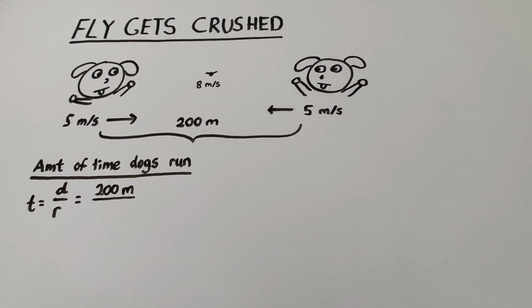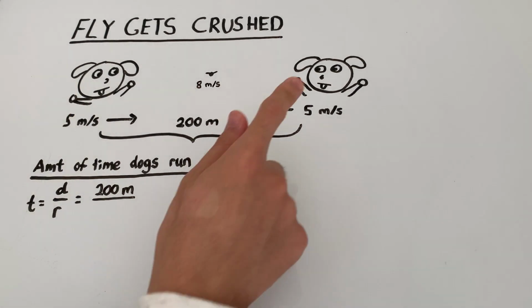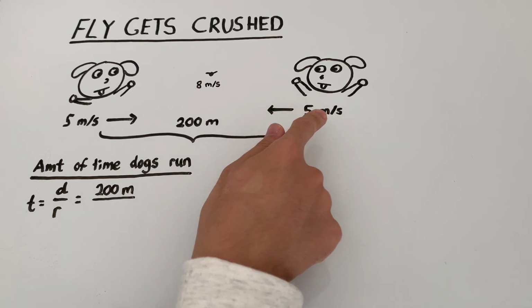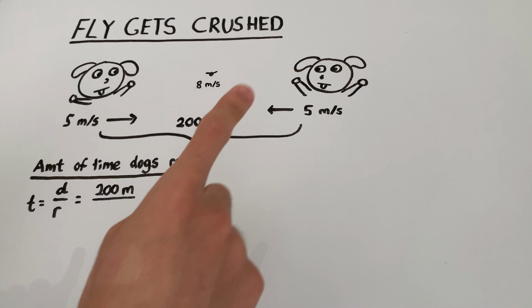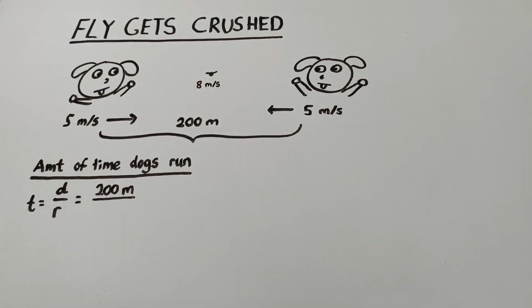So all we need to do now is find the rate. Now notice, because this dog is running at 5 meters per second, and this dog is running at 5 meters per second, then the distance between these two dogs is decreasing at a rate of 10 meters per second.